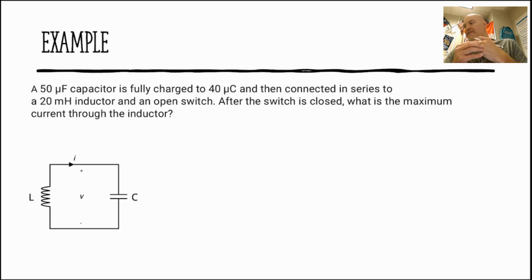We need to say that the amount of energy in the capacitor is equal to the amount of energy stored in the inductor. The inductor's energy is 1/2 L I squared, and I is what we're looking for.